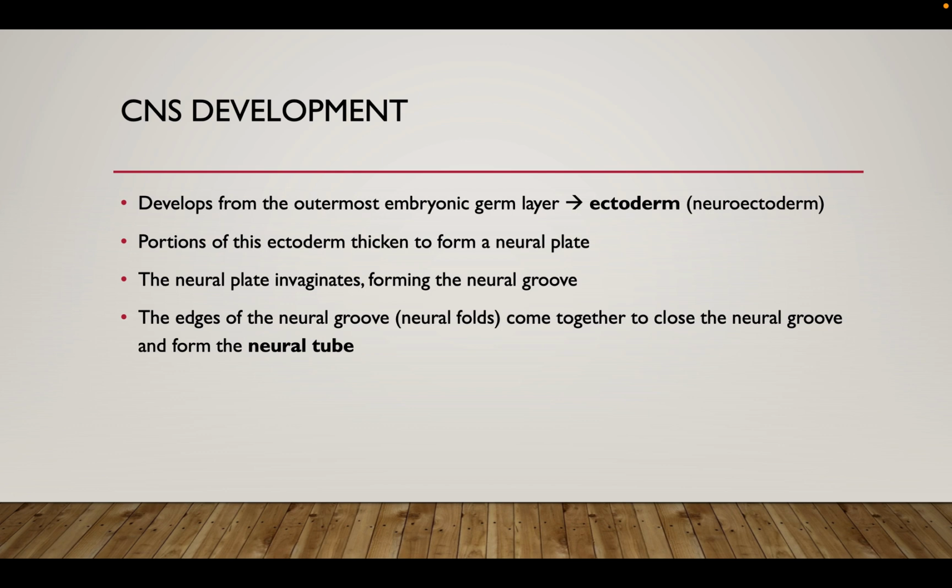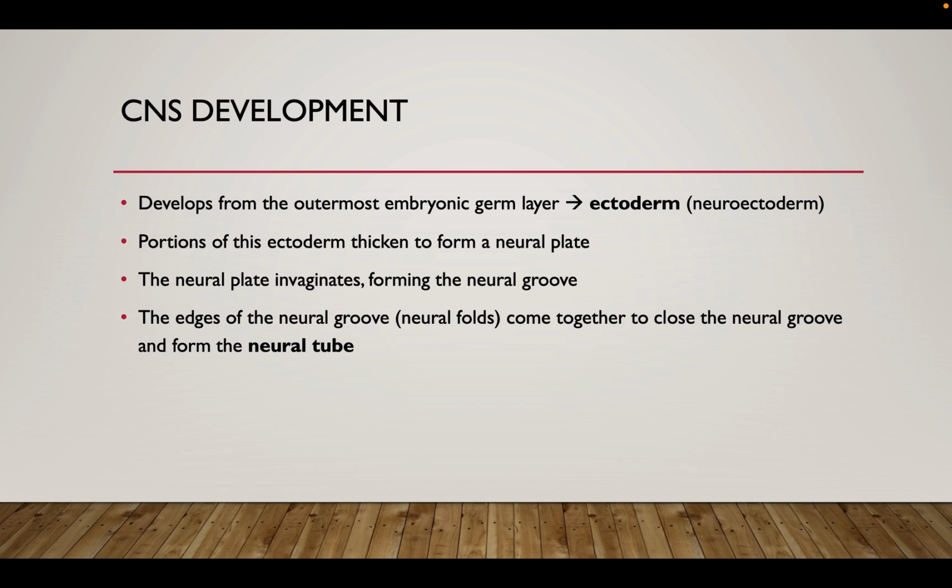There are regions in this blastocyst that become thickened, and this is termed the neural plate. Then we get something known as a neural groove. The neural groove is an area where our neural plate begins to fold back and invaginate upon itself, and while it is termed the neural groove, it is open.